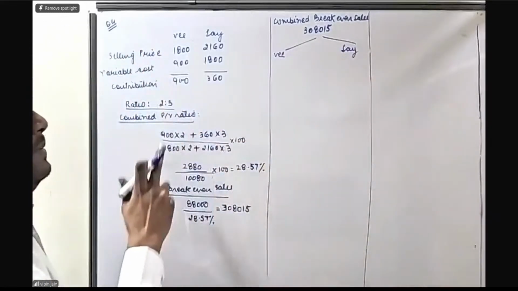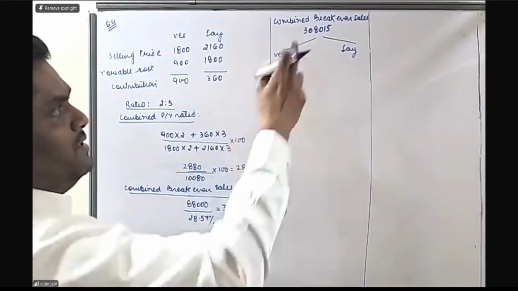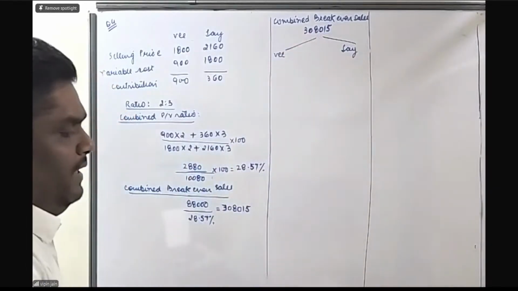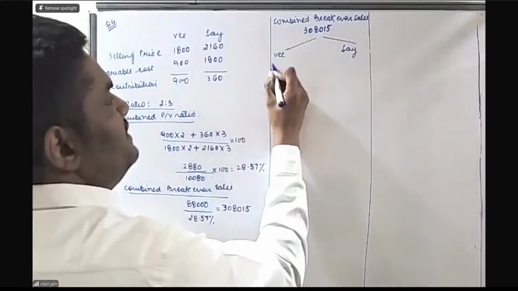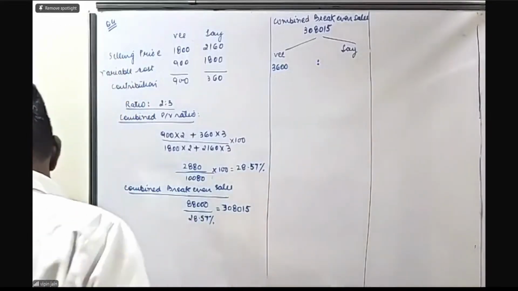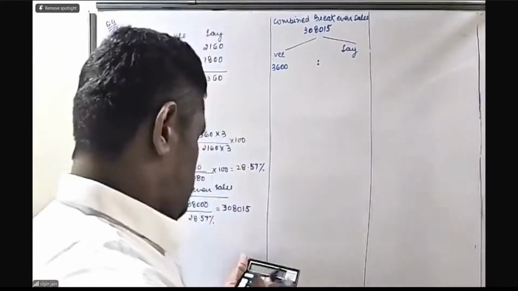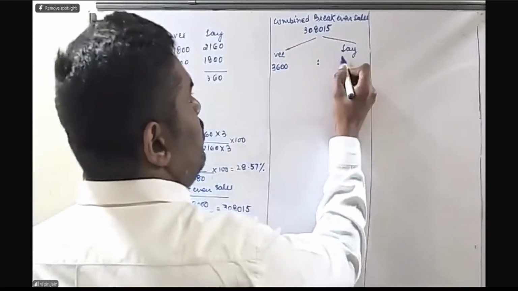It will be distributed in the ratio of 1800 into 2 and 2160 into 3, because this is the sales figure. So the sales will be distributed in the same figure accordingly. Here the ratio will be 3600 is to 6480.